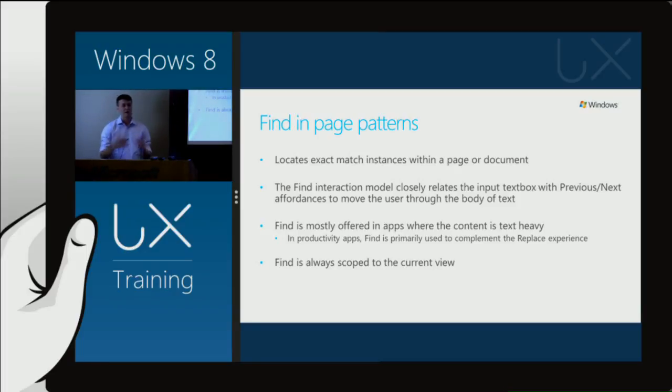Search is more about searching globally across your application's data store to locate a particular item in your application. So what we're suggesting to people designing find experiences is: don't use the search pane at all. We don't want to conflict those ideas with users. We want to keep them separate.